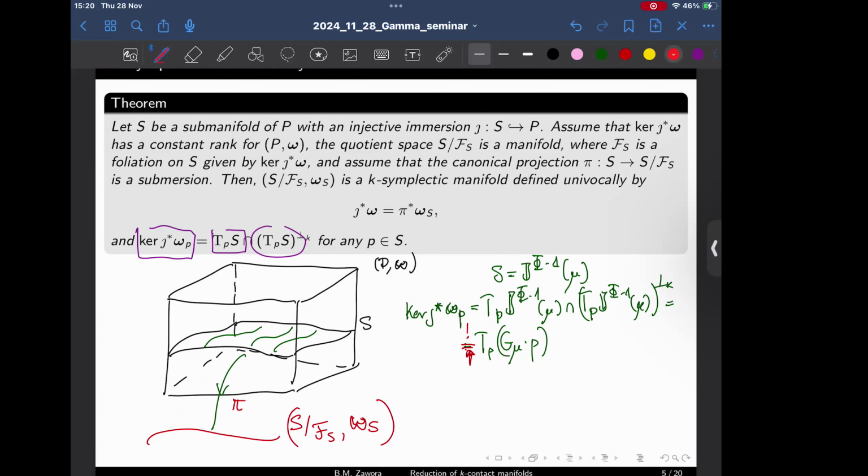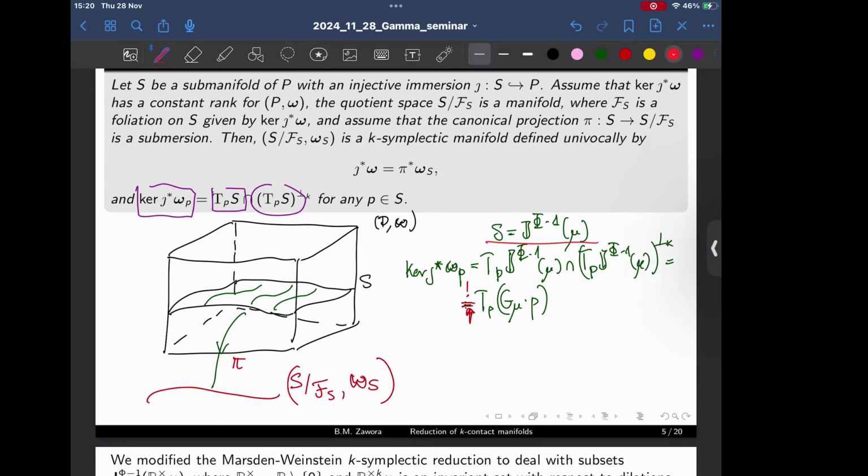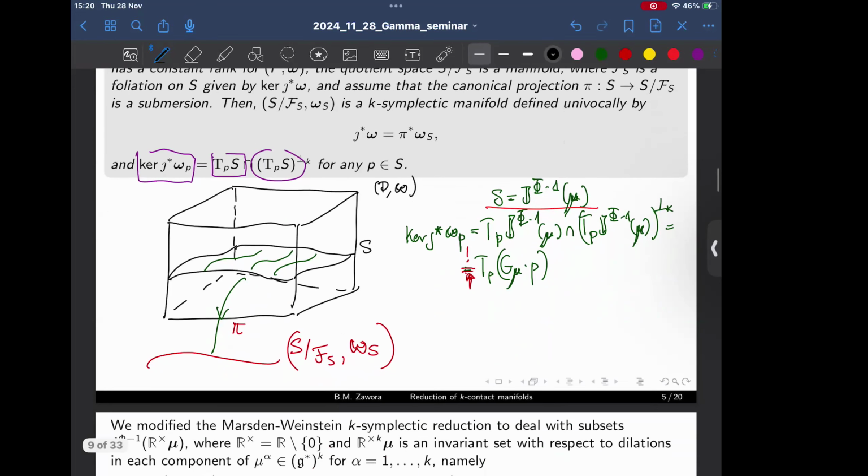It's not sufficient to take as S the level set of μ. Of course, here it is bold μ everywhere, sorry for that. In our case, we will want to take as S the set J^φ to the -1 of R^× K μ, and later on you will see why.